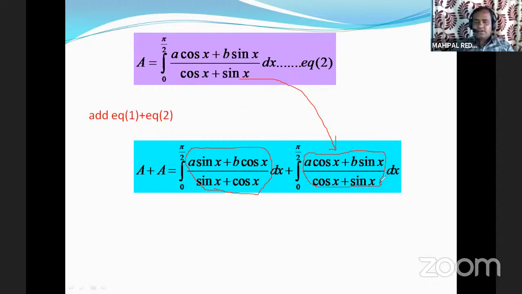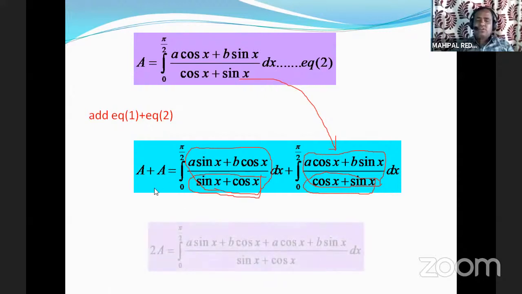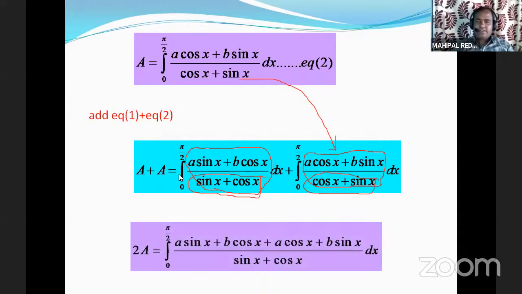Dear student, observe the denominator in both the values: sin x plus cos x. The denominator of the first one is sin x plus cos x, and the second one is also cos x plus sin x, that is nothing but sin x plus cos x only. So both are like fractions. So the left side value a plus a is 2a, and it is a common integration.